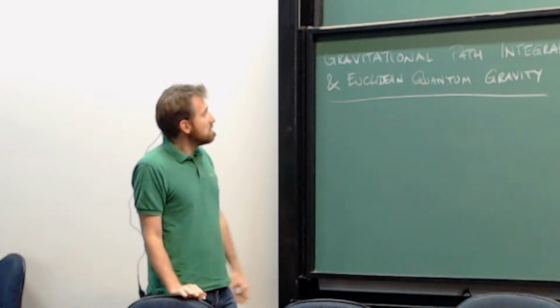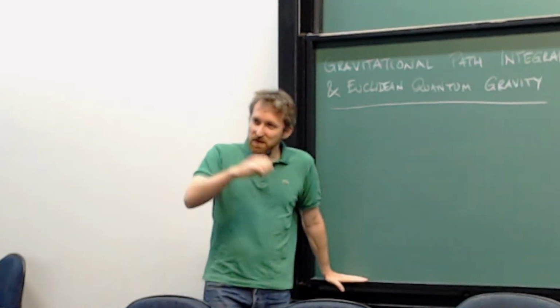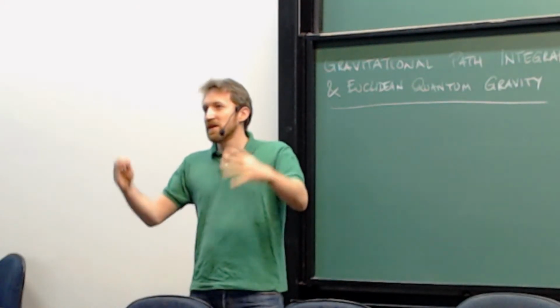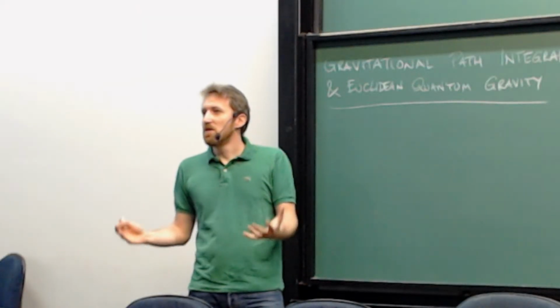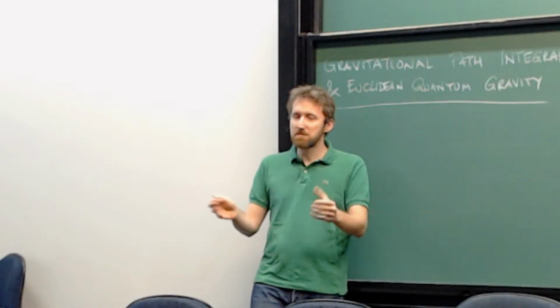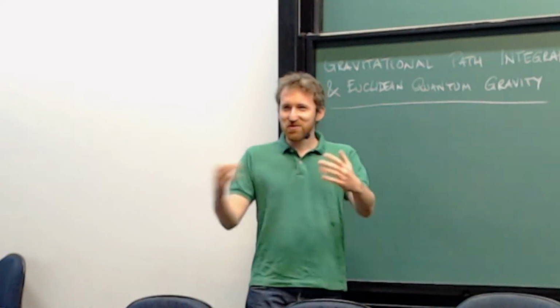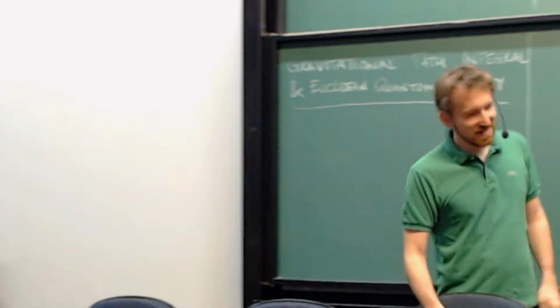Yes, so this, together with the Lorentzian arguments that I mentioned on Tuesday, will give us a consistent picture of thermal setups in gravity. Stop me at any time if you have questions, as in the previous lectures.